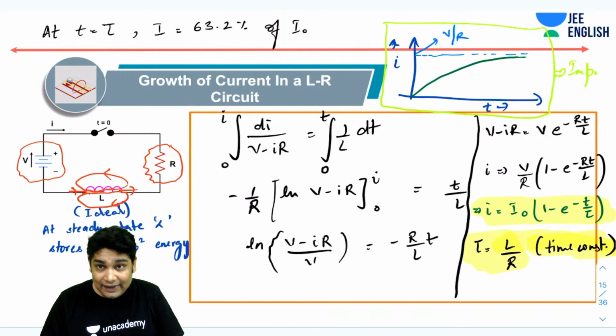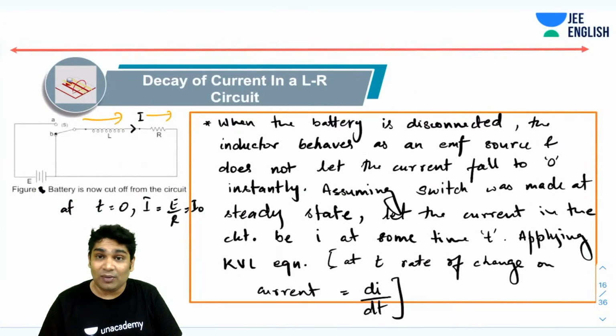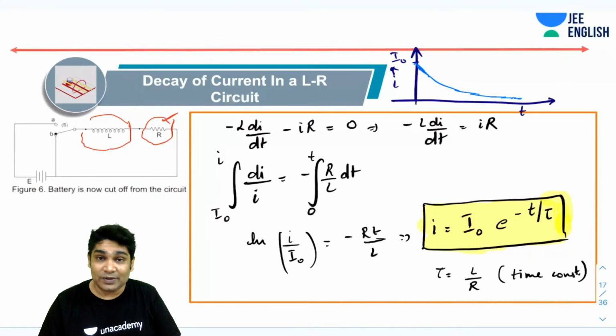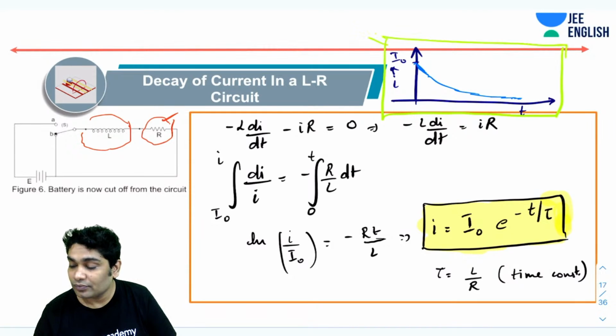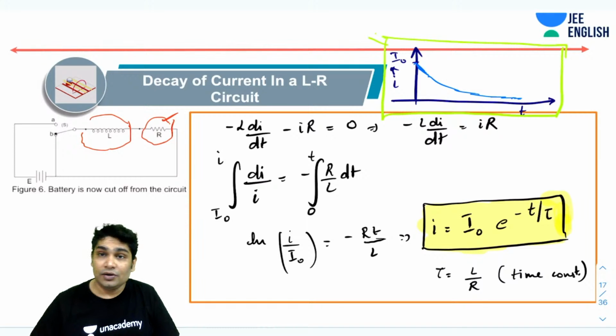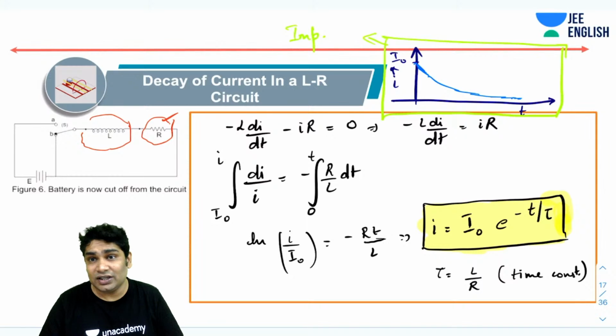Next, when you're talking about the current decay, this is the expression which has been highlighted, and this is the graph. Again, important. You must remember this. A lot of questions are asked on these graphs.